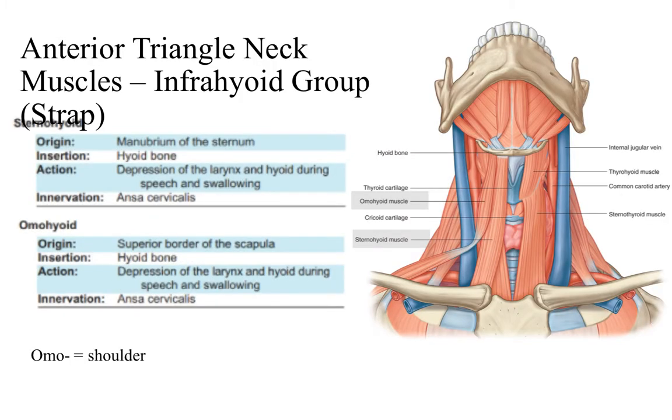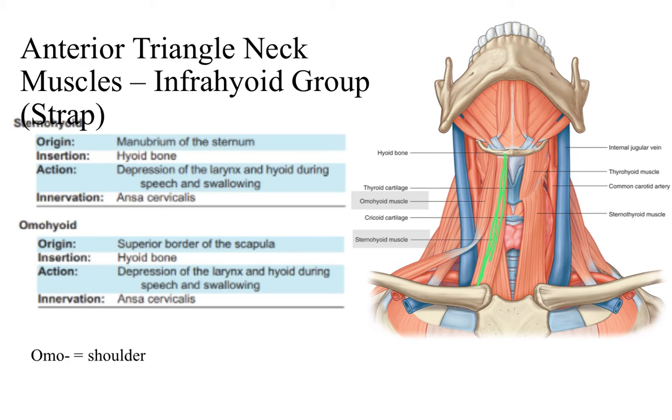All right, now we're going to get into muscles of the anterior triangle of the neck, what's referred to as the infrahyoid group or strap muscles. And the reason they're called the strap muscles is because they look like straps. So the two that are on this page are the sternohyoid, which is this muscle right here, and you can see it looks like a strap running from the sternum up to the hyoid bone.